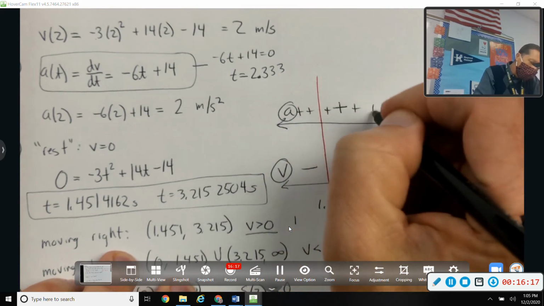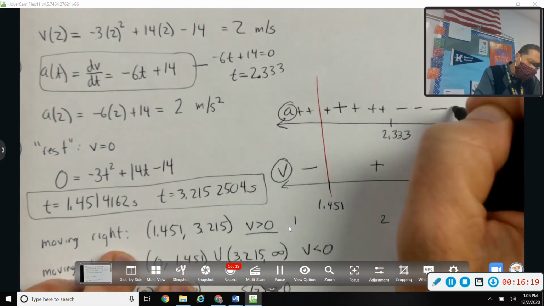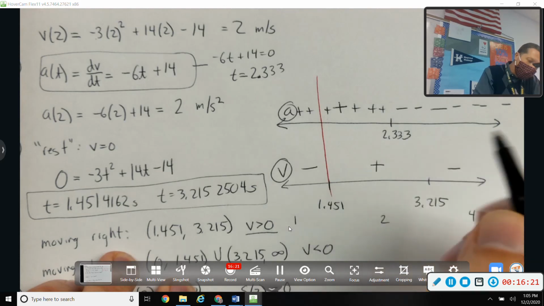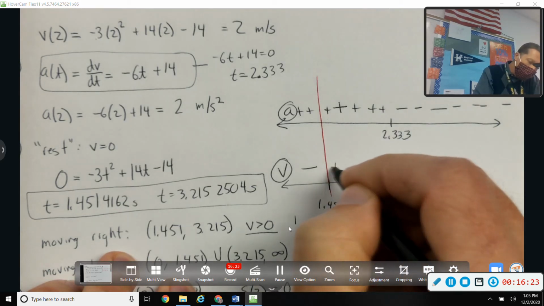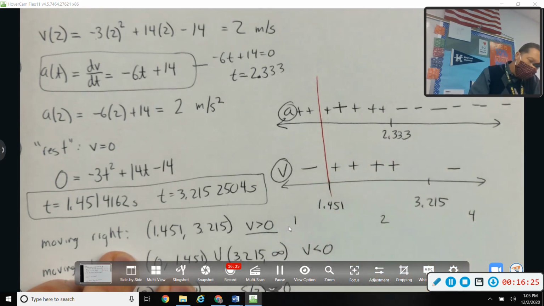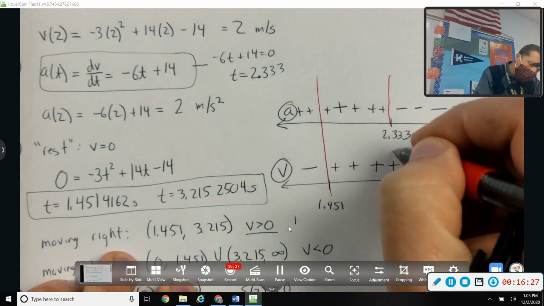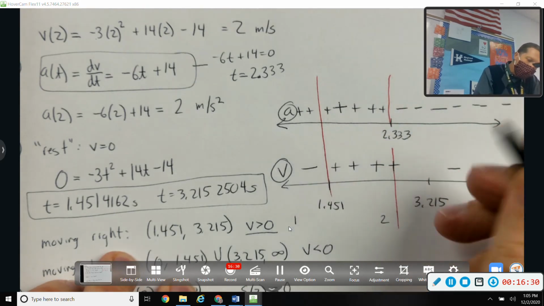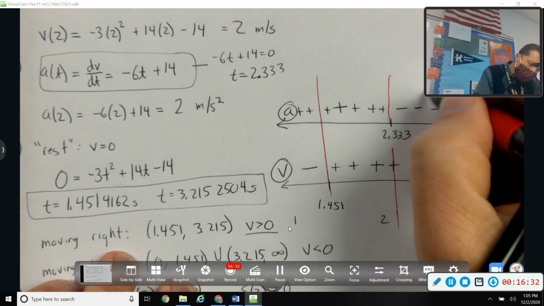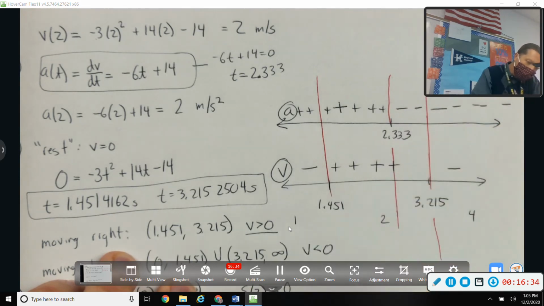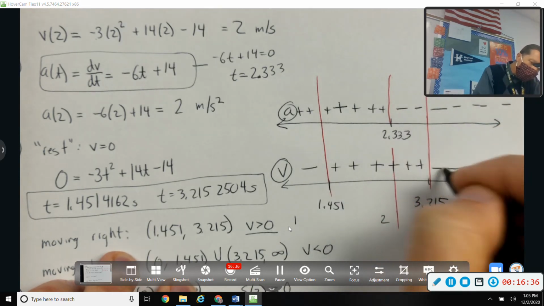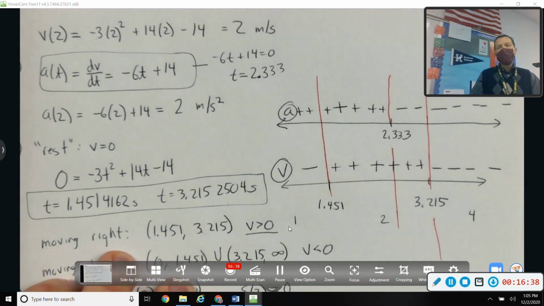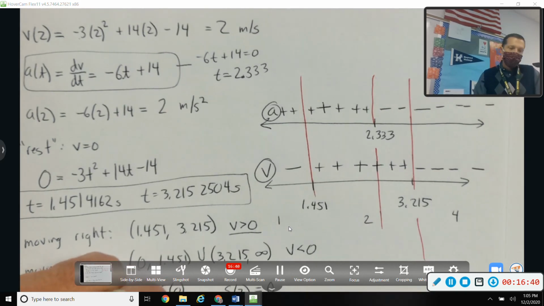So that's why I like to, I guess it's overkill, but it helps me visualize what's going on where when I do that. I think it's easier to see now.